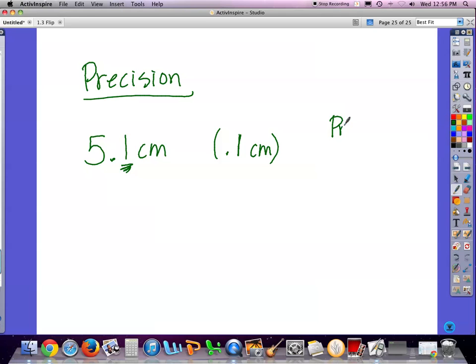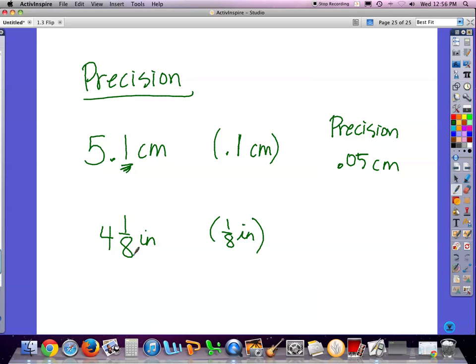Your precision is 0.05 centimeters. If you have 4 1/8 inches, your smallest increment is 1/8 of an inch. Take half of that and you get 1/16, so your precision is 1/16 of an inch. Whatever your smallest increment is, read that from your measurement, take half of that, and you get your precision.